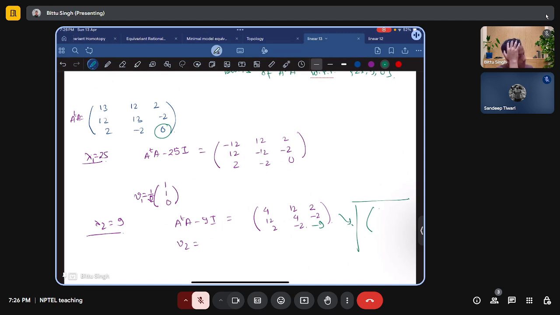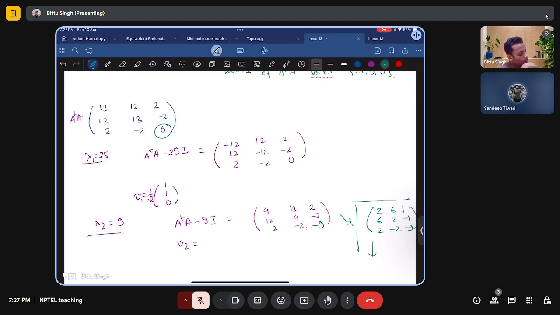First one is 4 minus 4, which is 0. Or we can also reduce, we can divide the first, so it will be 2, 6, 1, and dividing the second, it will become 6, 2, minus 1, and then it is 2 minus 2, minus 9.